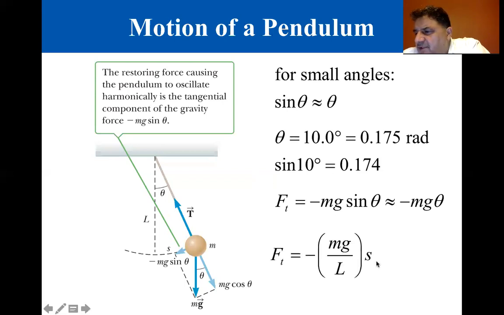This equation follows the general form of Hooke's force law. So we are justified in saying that a pendulum undergoes simple harmonic motion only when it swings back and forth at small amplitudes, or in this case, small values of theta, so that sine theta is approximately equal to theta.